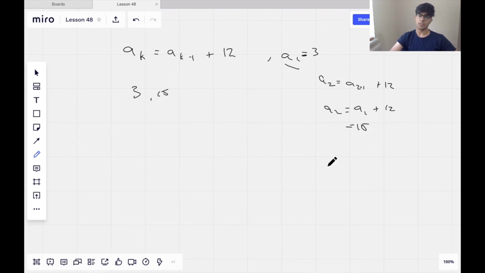Then A3 is equal to A(3 minus 1), which is A2, plus 12. We know A2 is 15, so 15 plus 12, which is 27. And the next one will just be 27 plus 12, which is 39. And that's the first 4 terms done. That's how you generate the first 4 terms with the term to term rule.